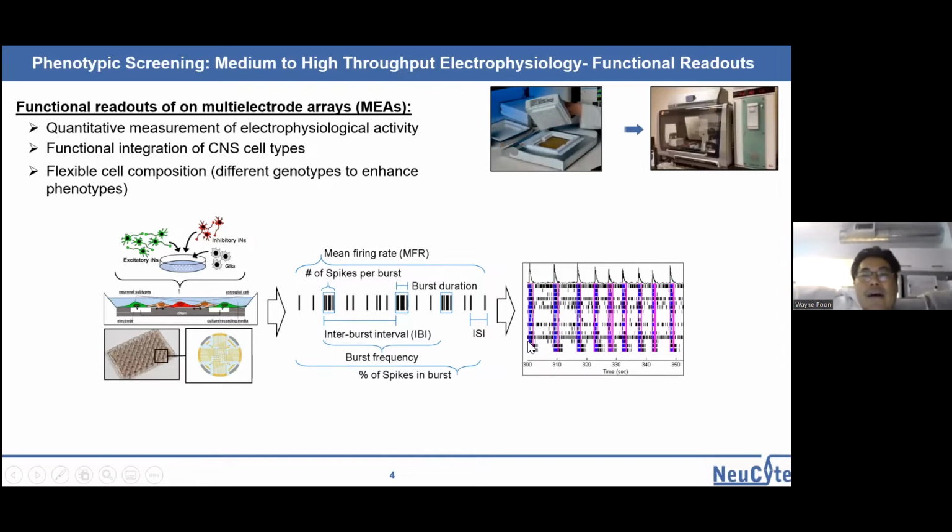At NeuCyte, we have medium throughput, and we also have an automated system where we can really scale up this MEA phenotype for drug discovery.